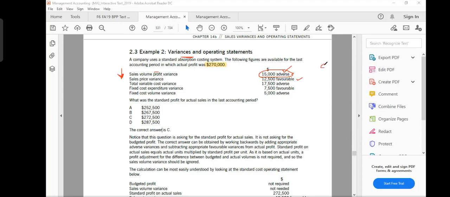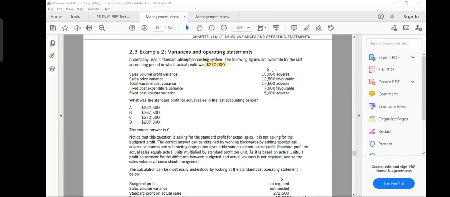Let's suppose profit per unit is 15, and this is 15,000, it means that you sold 1,000 units less than your budget. Okay, you don't need to go this deep. I'm just trying to explain to you that when you see some numbers, these numbers carry some picture. There is a picture at the back. Don't see it just as 15,000. Just understand what that means.